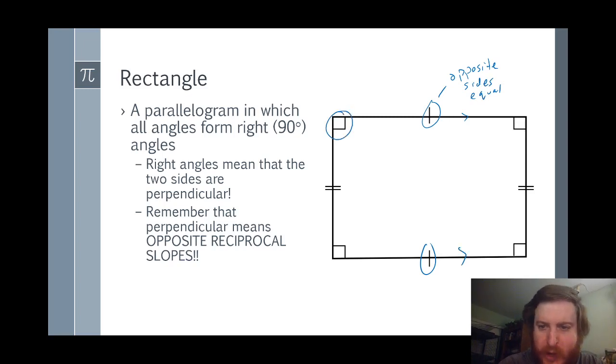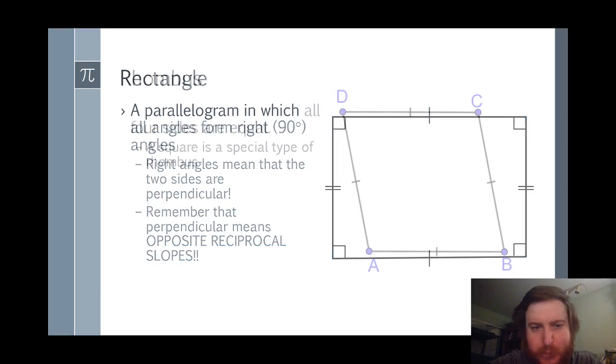But then all of our angles are now 90 degrees. So we want to make sure that we make that connection, right? That if we have 90 degree angles, perpendicular lines have opposite reciprocal slopes.